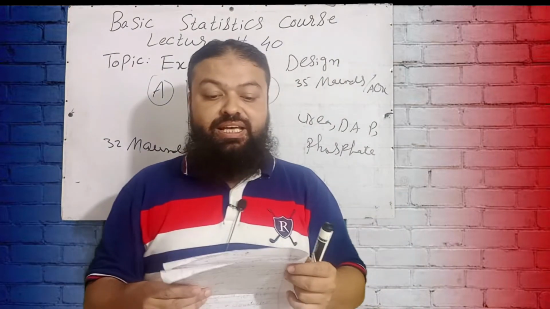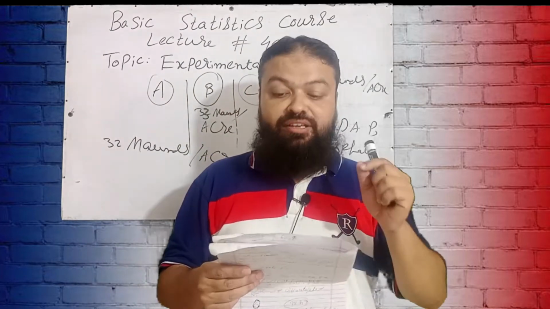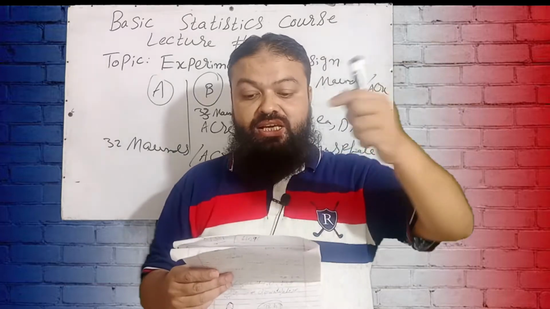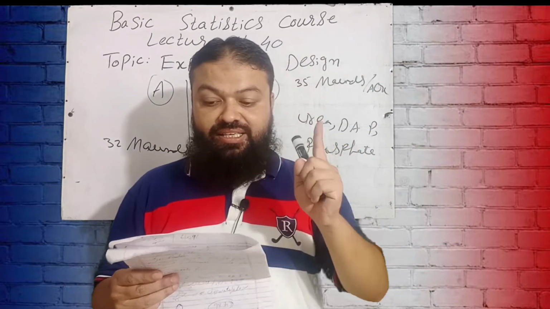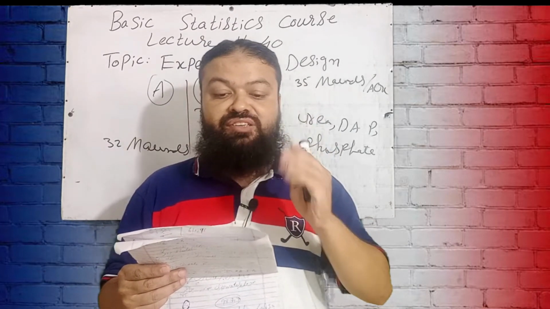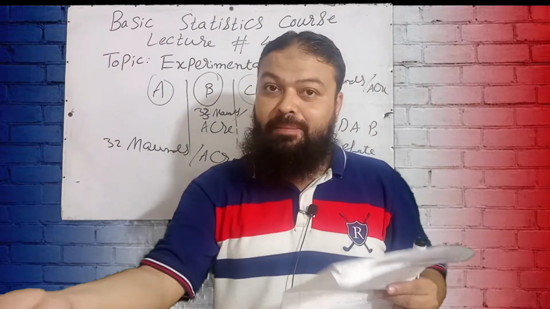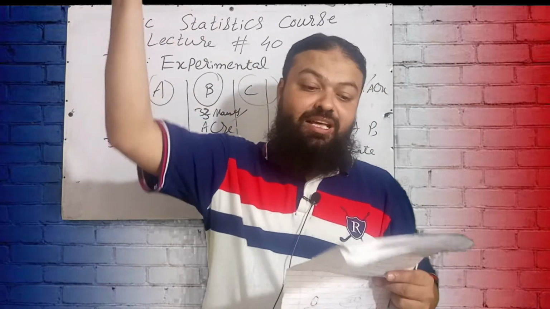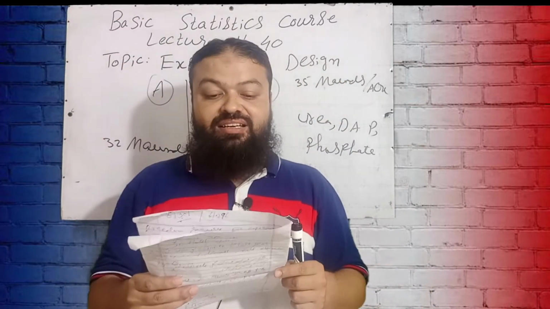Question number 8. If the estimation of certain treatment effects are required with more precision, then number of their replication are A, decreased, B, increased, C, equal, D, none of these. Dear students, when more precision is required, then the number of replications will be increased. B is the correct option. Question number 9.